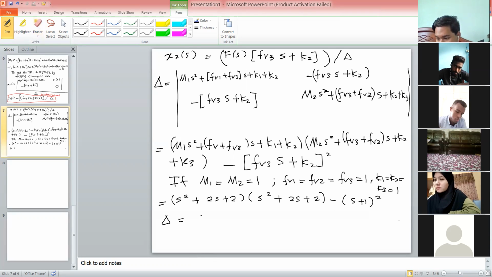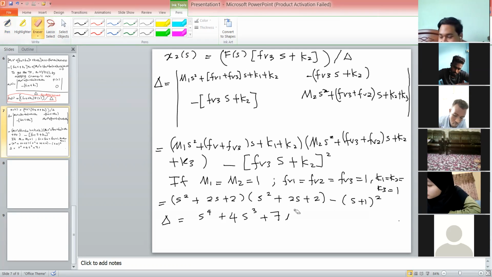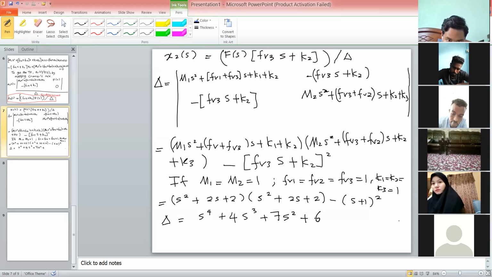Determinant is equal to S to the power of 4 plus 4S to the power of 3 plus 7S square plus 6S plus 3. This is the value of determinant.